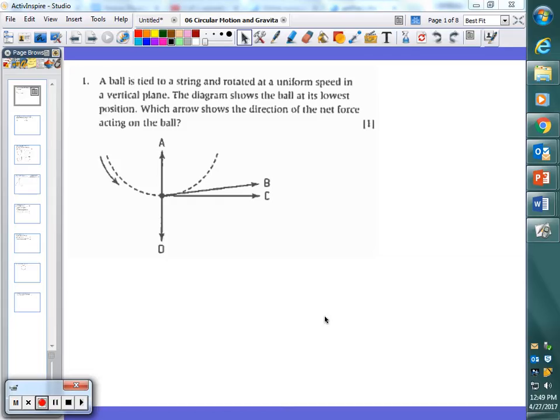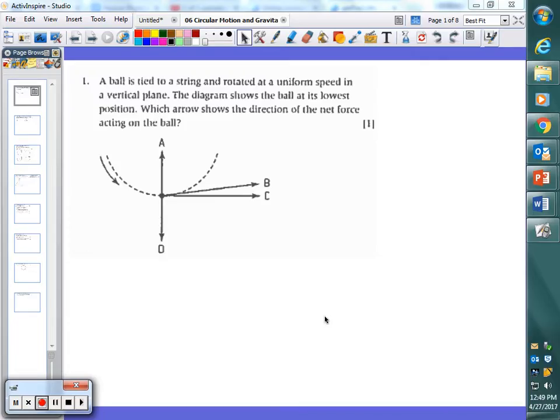And so in order to get something to change direction, the force has to act on it in a very specific way. If the force is acting on it in the same direction that it's moving, it will speed up. If the force acts on it in the opposite direction from the way that it's moving, it will slow down. But if the force acts perpendicular to the motion, it will not speed up or slow down, but it will change directions.